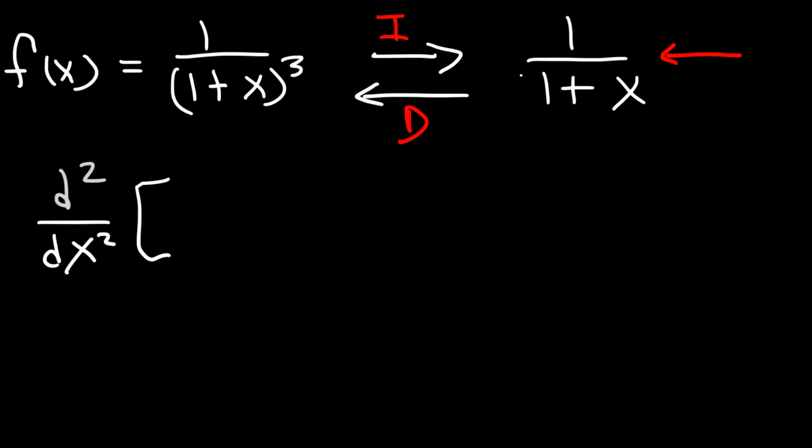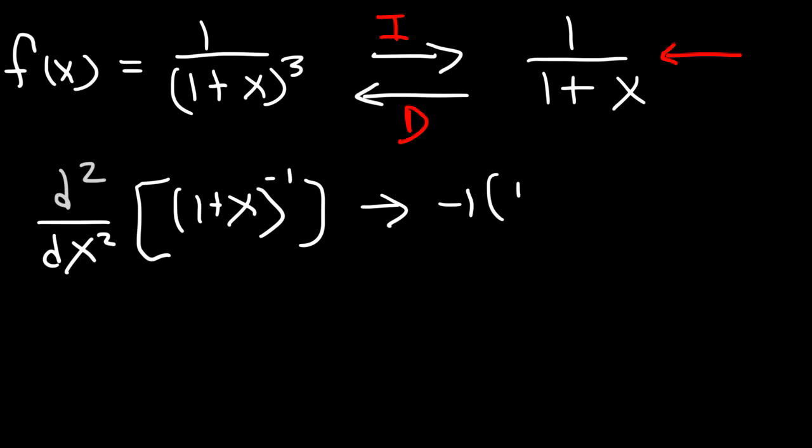First, we need to rewrite the expression. So we need to move this to the numerator. And so this becomes 1 plus x raised to the -1 power. Using the power rule, it's going to be -1 times 1 plus x to the -1 minus 1, that's -2, times the derivative of the inside part, 1 plus x, which is 1.